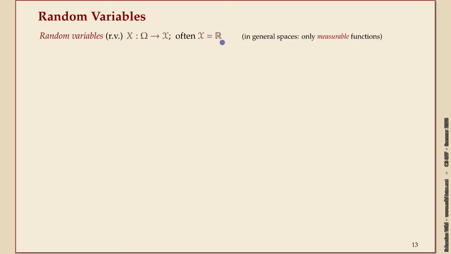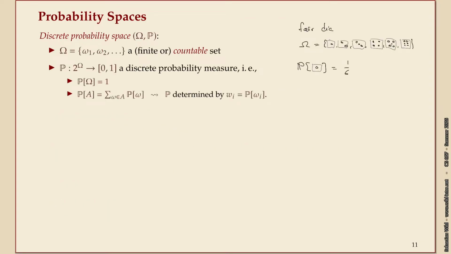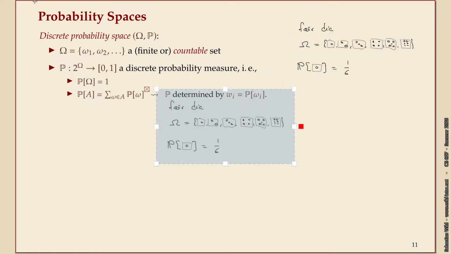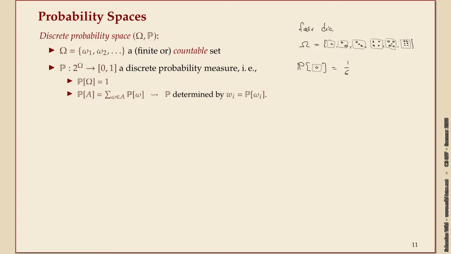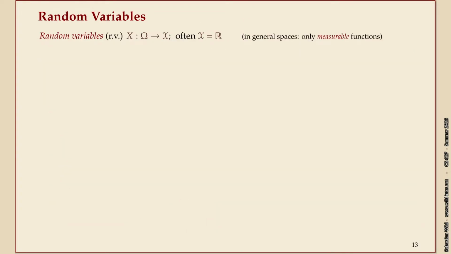And remember, I said earlier in our toy example here, for the die, this omega was just some more symbolic set. So if you define it like this, then you couldn't sensibly talk about, say, adding up two dice.